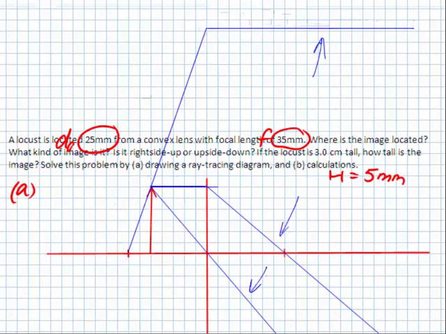And so what we have to do is figure out where these rays appear to be coming from, because what this is going to be creating is a virtual image. So let me pick a different color here. We'll go with green. And we're going to trace back where these rays appear to be coming from.